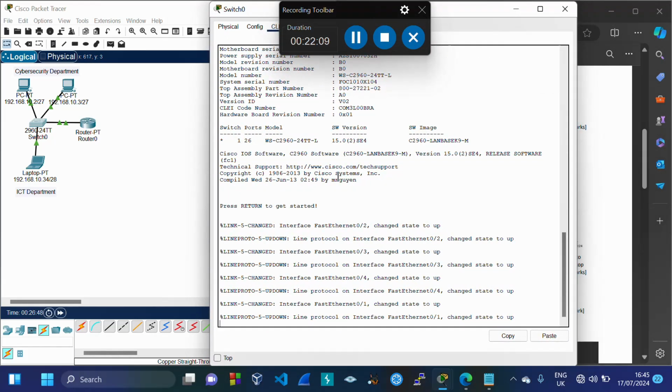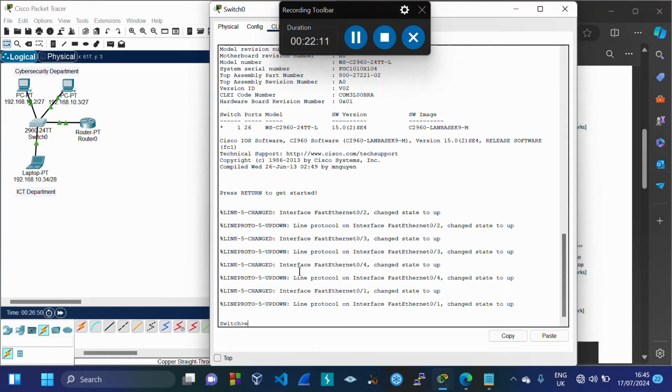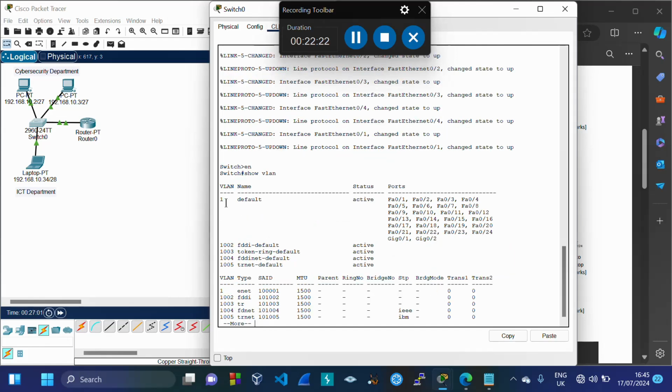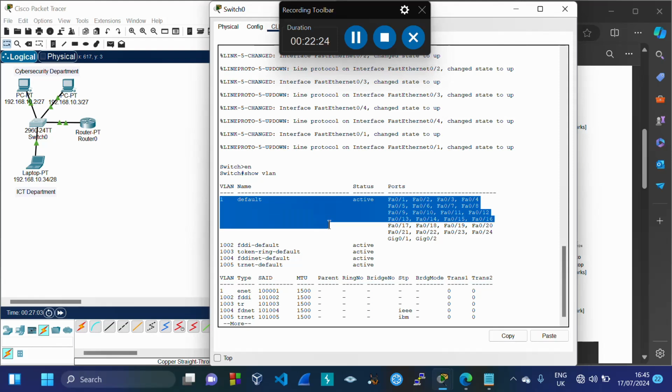For us to check what I'm talking about, you can simply say en, going from the user mode to privileged mode, then we say show VLAN because we want to check the VLANs. Once we check, we will see that VLAN 1 has all these 24 ports of the switch, including the 2 gigabit ports.